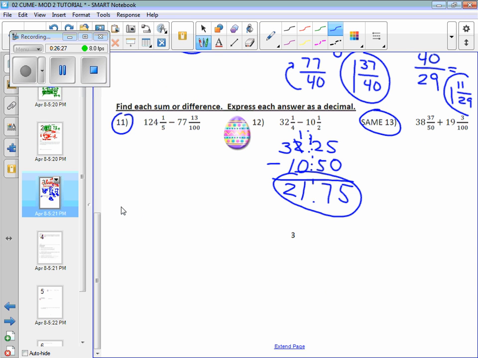One thing that I want to point out here, when creating your decimals, I'll give you a for instance. 6.9 minus, let's say, 3.84. When I set this up, I have to line up my decimals. Sometimes when you do this, you won't have a number here.